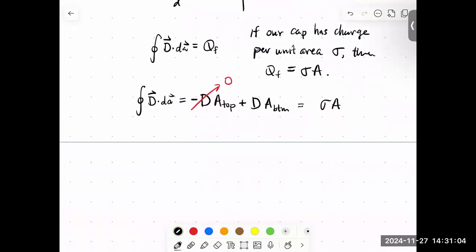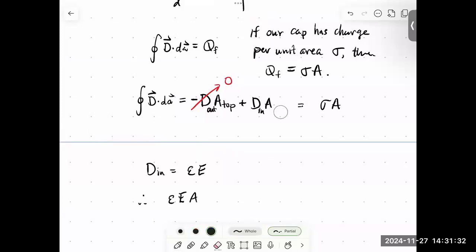All right. So let's say this is D in and say that this is D out. D in is equal to epsilon times E, let's just worry about magnitudes for now. So therefore, we have epsilon E times the area.